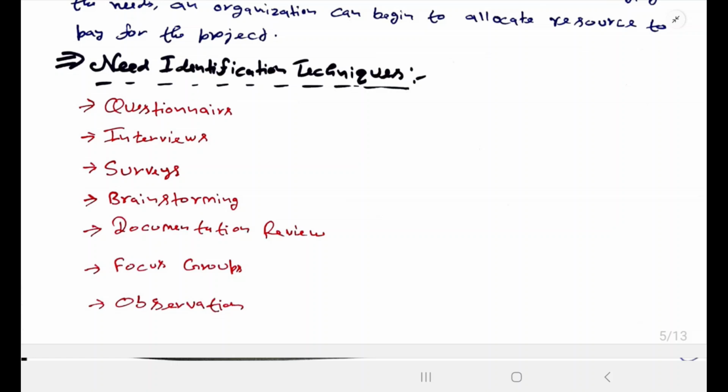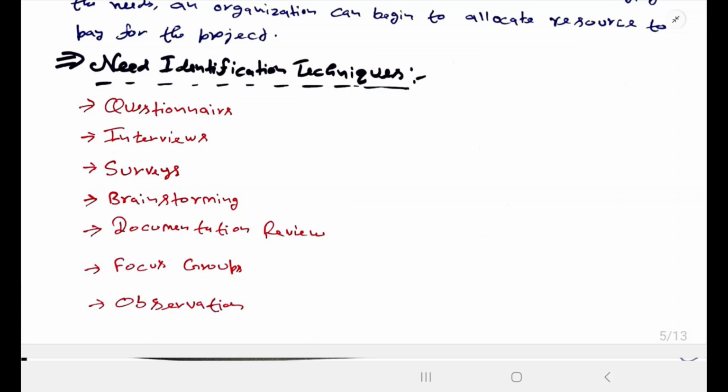Focus groups means we select some particular experts, and gather information from them.